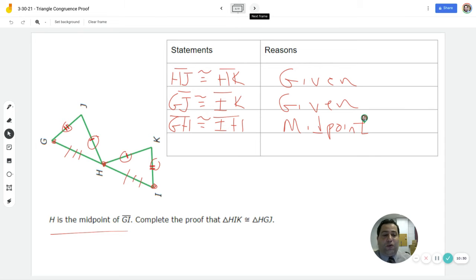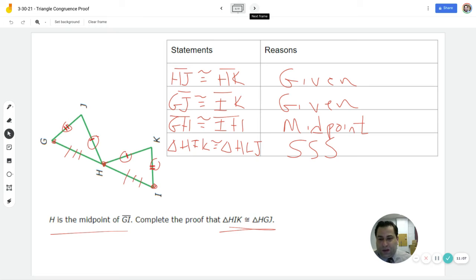Or definition of a midpoint is actually the full reason. And then finally, they give me the statement. So all I have to do is copy it down. Triangle HIK is congruent to HGJ. And just an analysis of the diagram, I can see it's by side, side, side. Let's try another one.